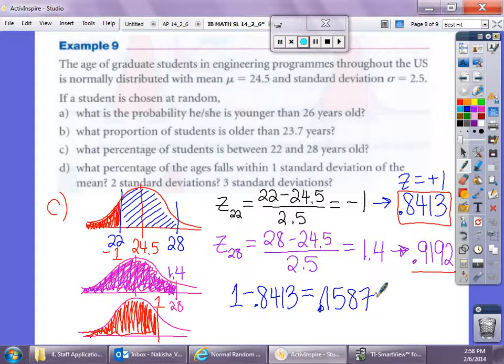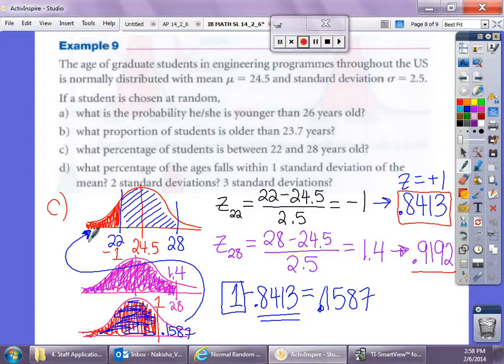That is this area right here, 0.1587. Right? Remember, the area underneath the whole entire normal distribution is 1. The z-score of positive 1 gave us this area number, which is in red right here. And so if I subtract it, I'm left with that tail. Well, that tail happens to be the same as this little guy right here.